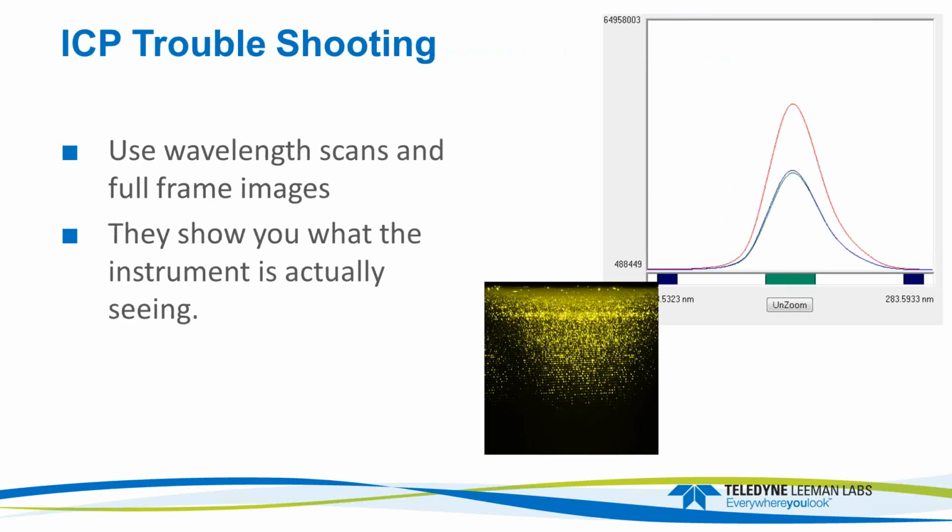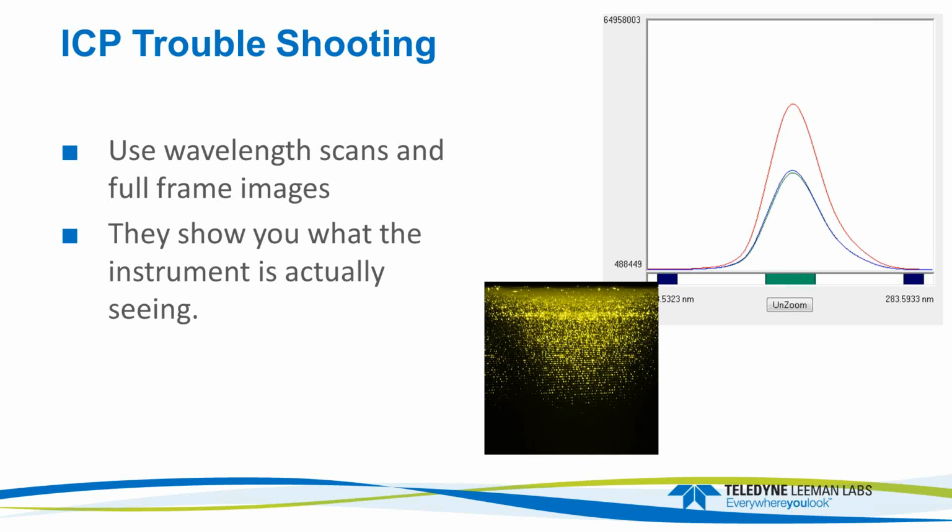First, before you do anything, make use of the wavelength scan feature that your instrument has. If you have a solid state system, you're taking wavelength scans every time you run something, and the instrument stores that. You also have the ability to do full frame images on these solid state systems, so you can see everything. The wavelength scans and full frame images, or whatever your particular system may call them, show you exactly what the instrument's seeing.